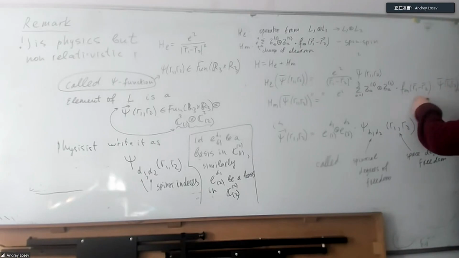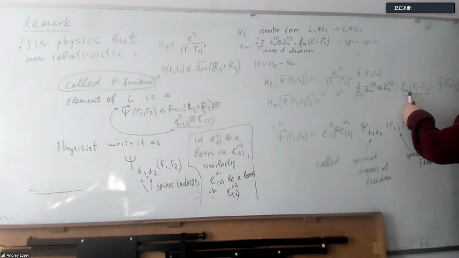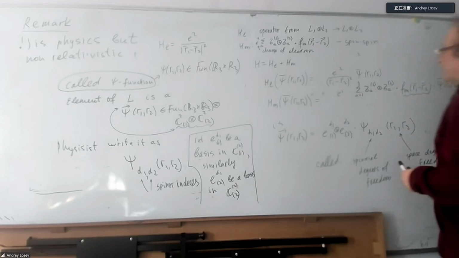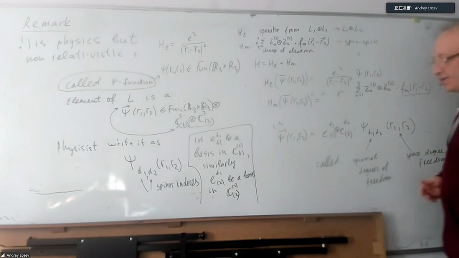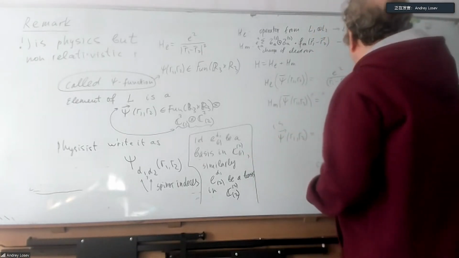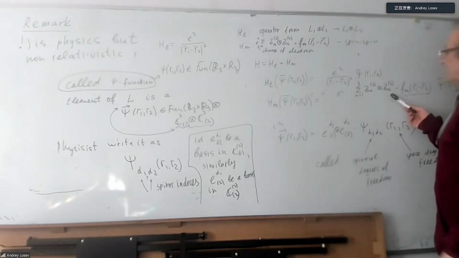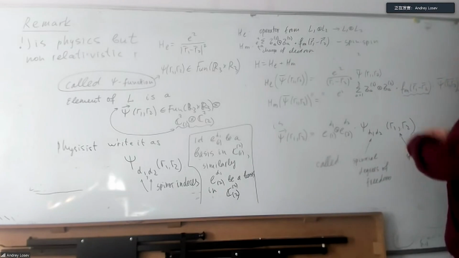So what do I mean here? This term is a so-called function that describes that the spin of the first particle creates a magnetic field outside it. And that's why it's acting on the spin of the second particle. Okay, so these are words in terms of physics.